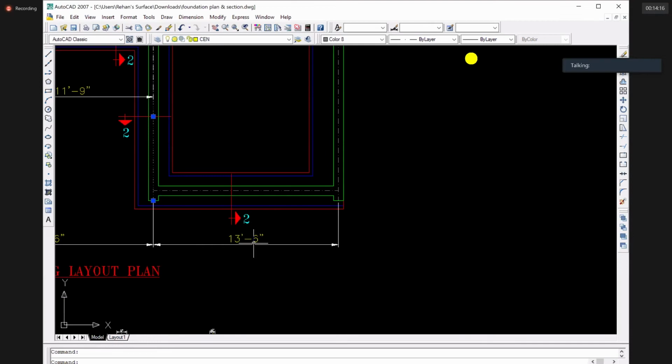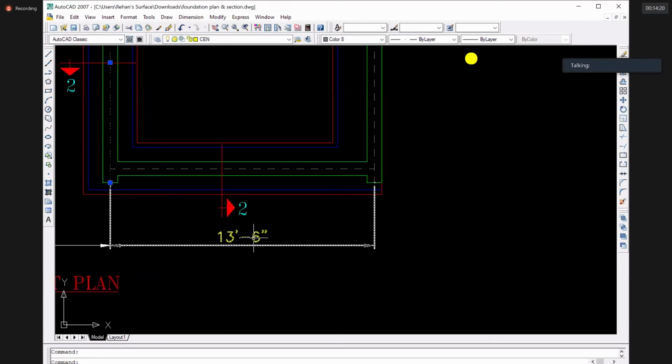You also have to give the dimensions of the center line. Let's say you give the dimension line and the units are different, then what should you do?